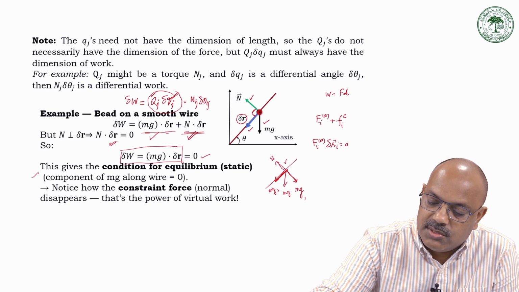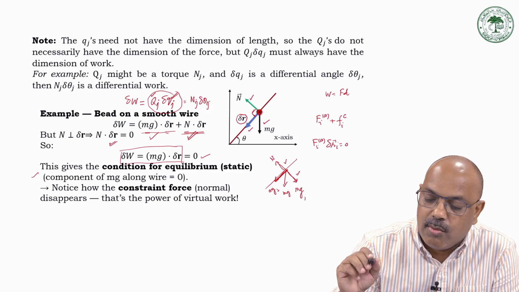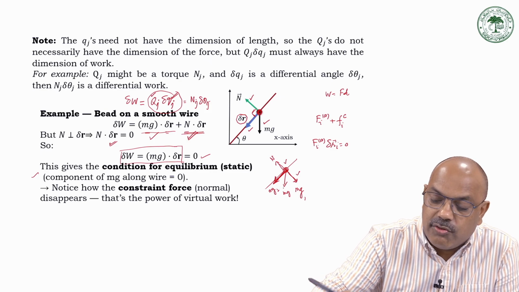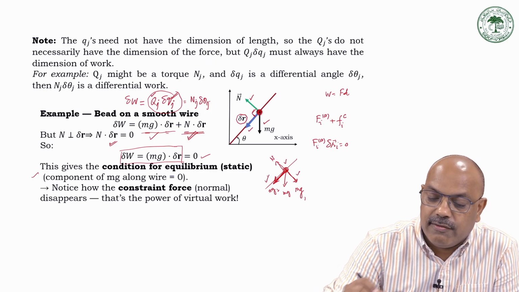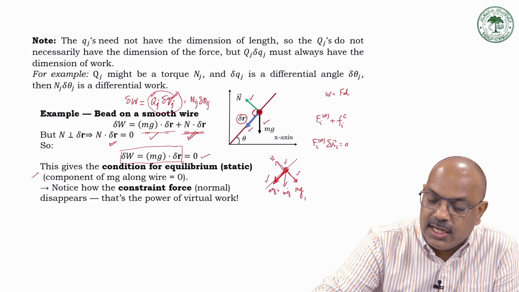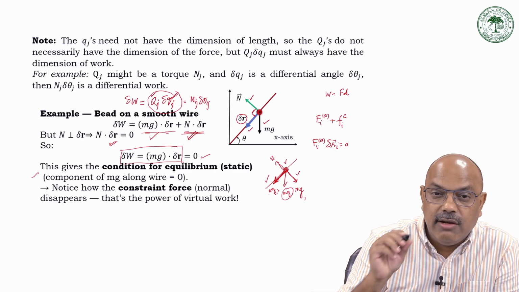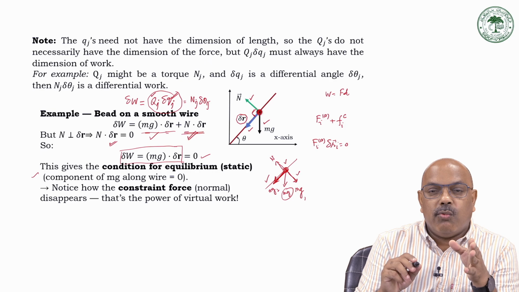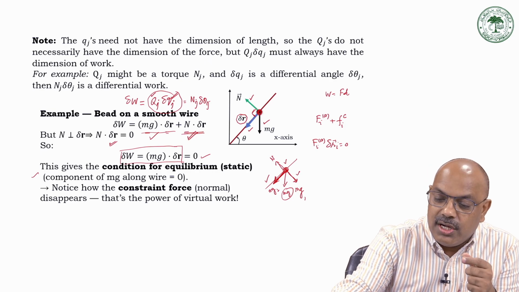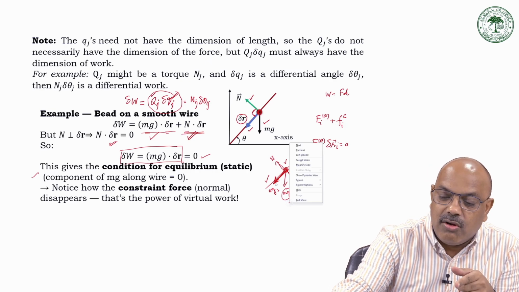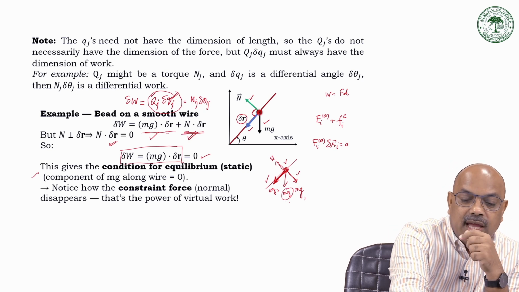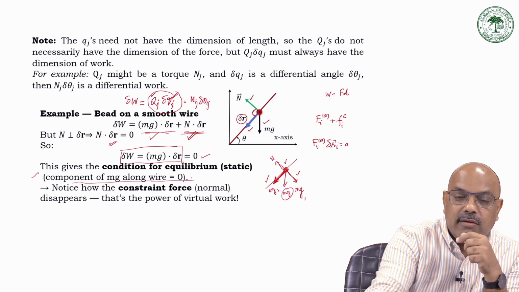So the normal force is balancing this component, but if the bead is going to move along this direction, the movement could be because of this component of my mg, the applied force. If I apply the condition that the system is in static equilibrium, then I demand that the component of mg along the wire is 0.